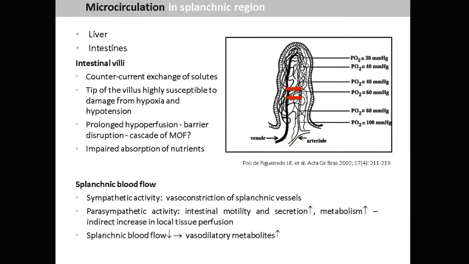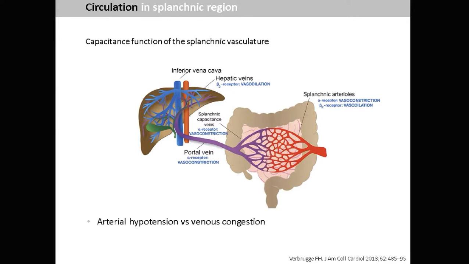One thing that is important not to forget is the capacitance function of the splanchnic vasculature. We have the arterial side and the venous side. It's quite a significant amount of blood there. One may think that there's spare blood there. In hypovolemia, in hemorrhagic shock, the vasoconstriction moves the blood into the circulation.